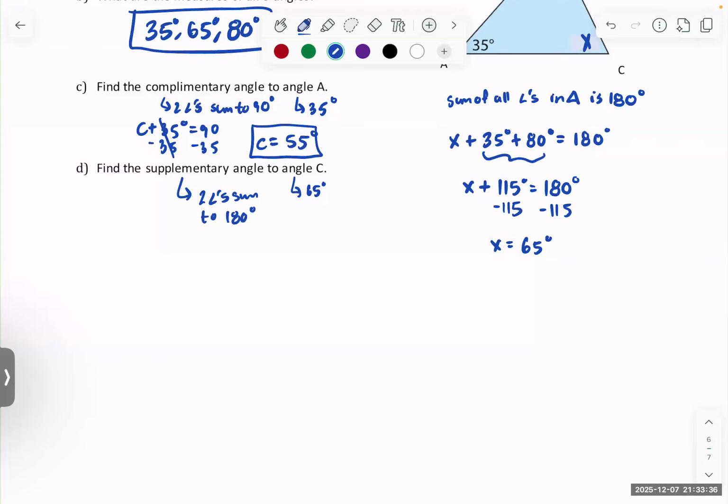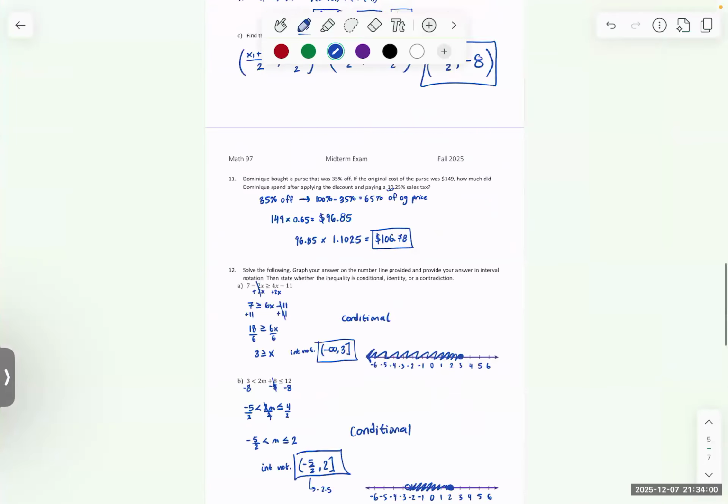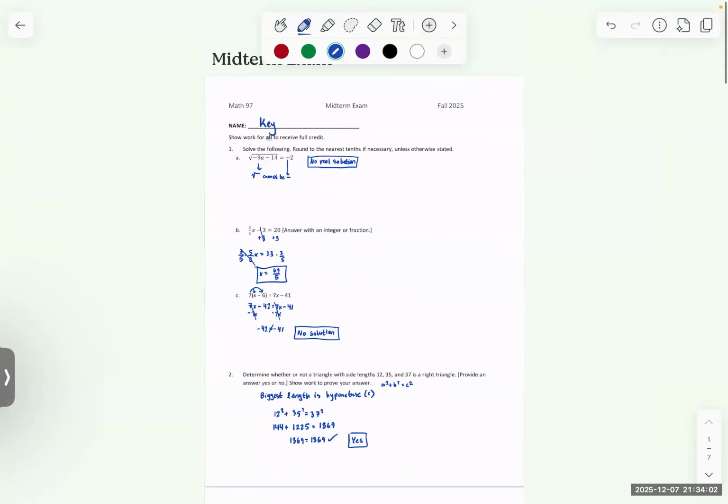So essentially this is saying that S plus 65 degrees equals 180 degrees. Subtract 65 from both sides, and we get S is equal to 115 degrees. And that's your final answer. And that's it for this exam.